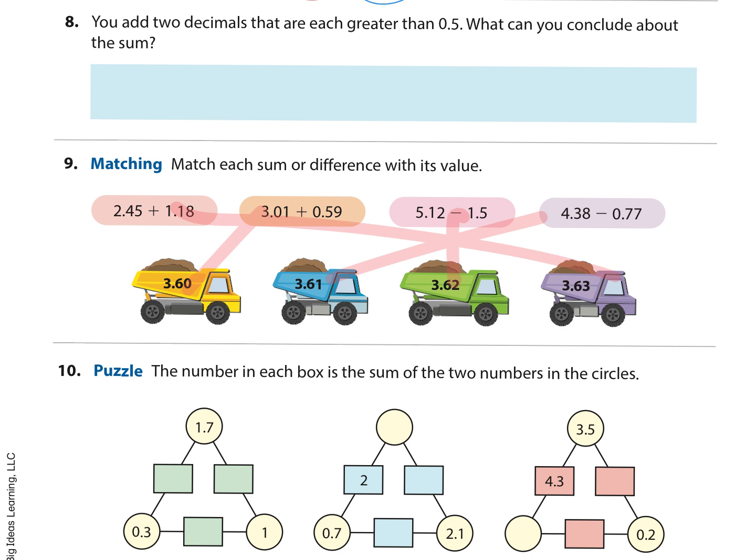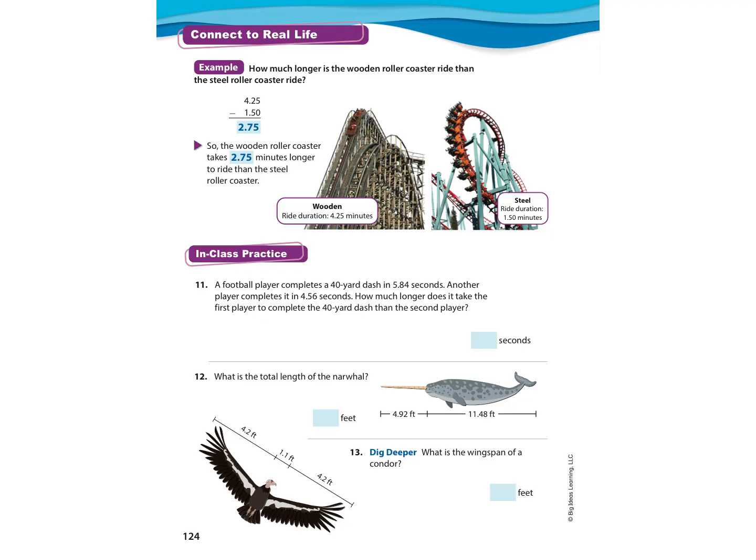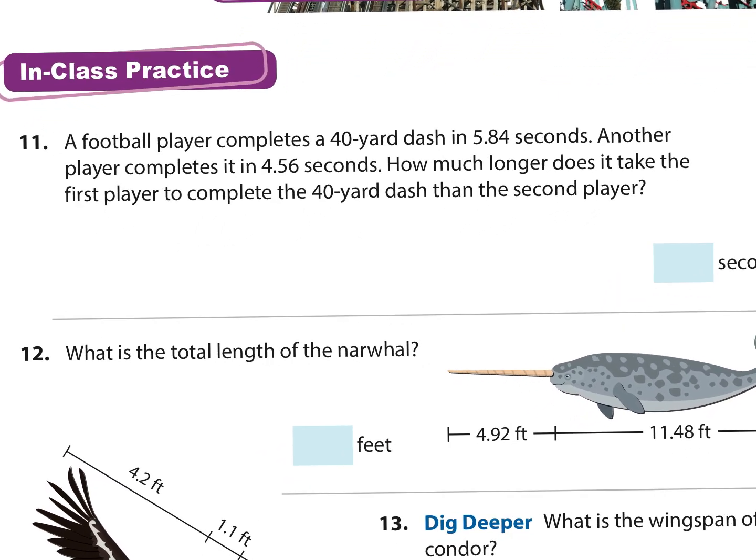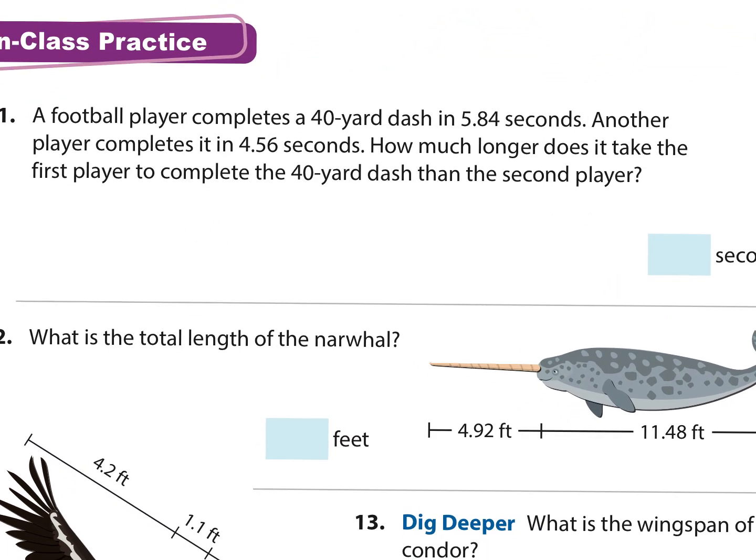Okay, we're going to skip the puzzle and finish up with the last page, and we're going to look at number 11. Those side conversations, please wrap them up in 5, 4, 3, 2, 1.